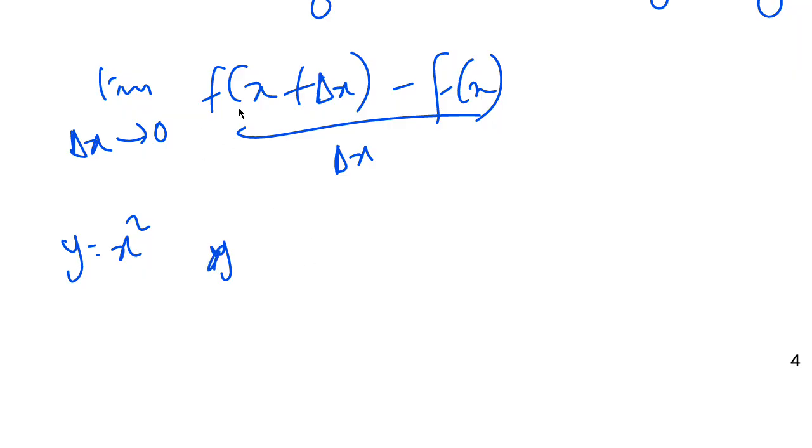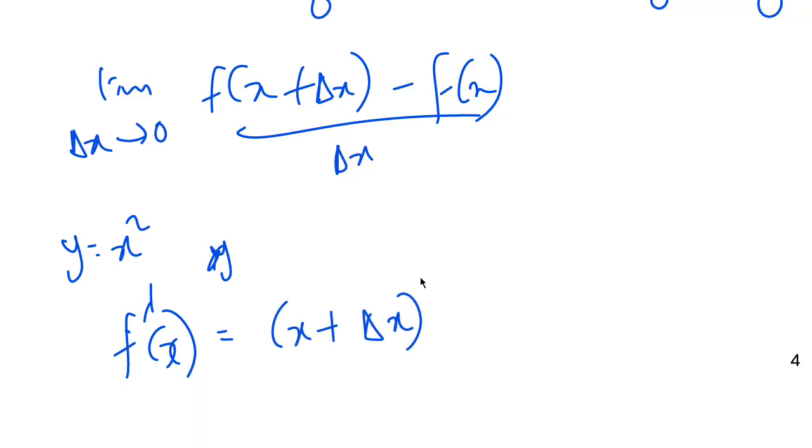What's the formula saying? f of x plus change in x. That means anywhere we see x, we replace it with x plus change in x. So the derivative, f prime of x, is equal to x plus change in x to the power 2, minus f of x, which is x squared, all over the change in x.